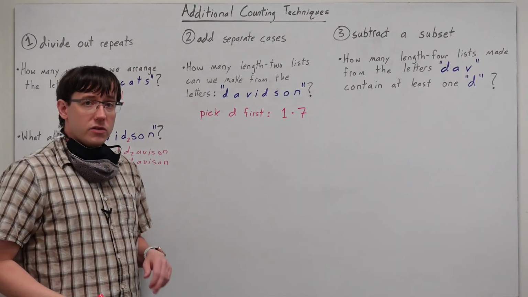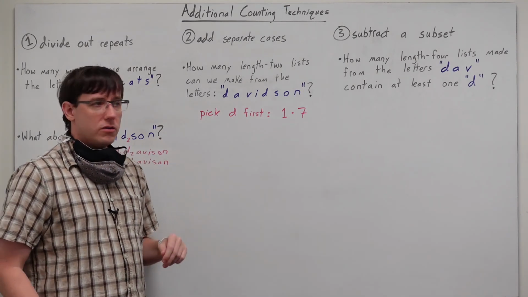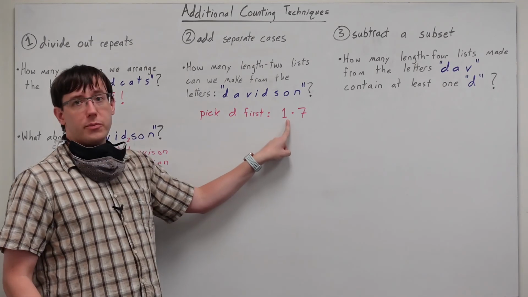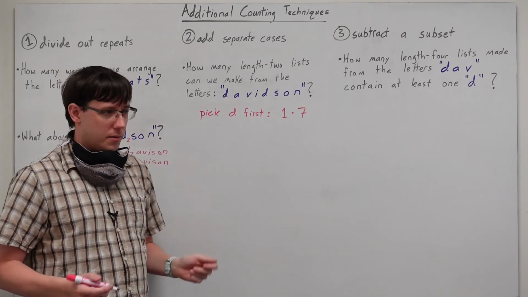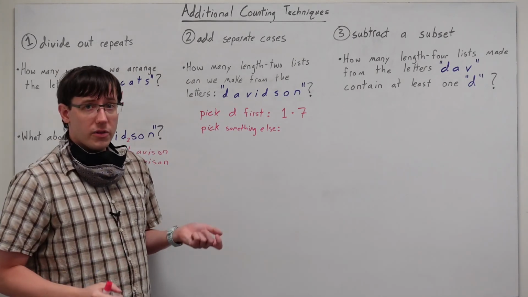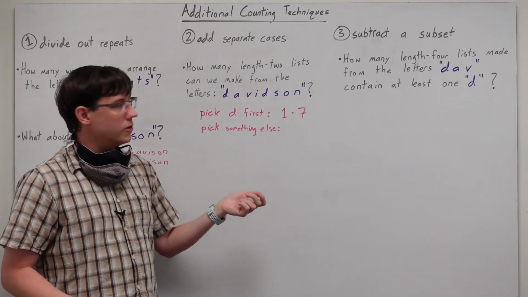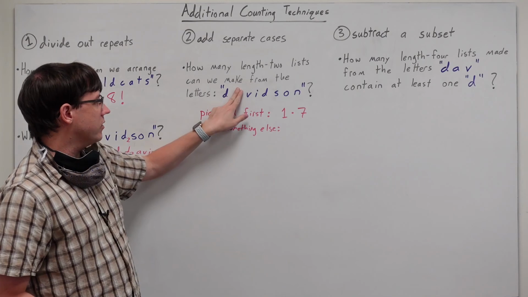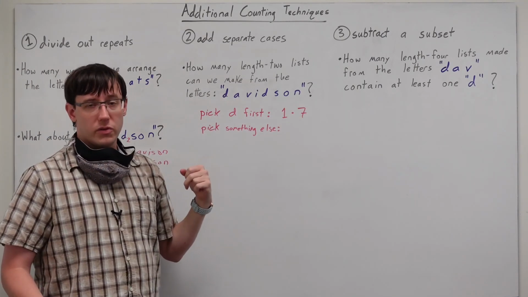So the number of lists where we first pick a D and then pick one of the other letters is, we have 1 option for the first letter and then 7 options for the second. And if we pick something other than a D first, then there are 6 possibilities for the first letter, after which we exclude whatever was picked, and we have 6 possibilities for the second.